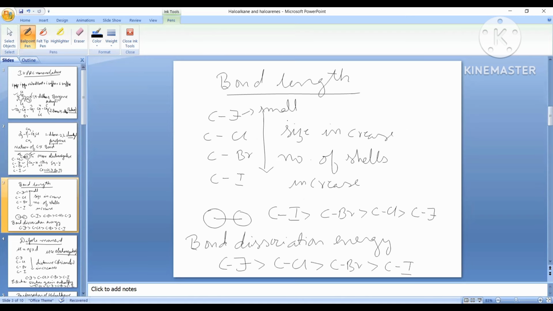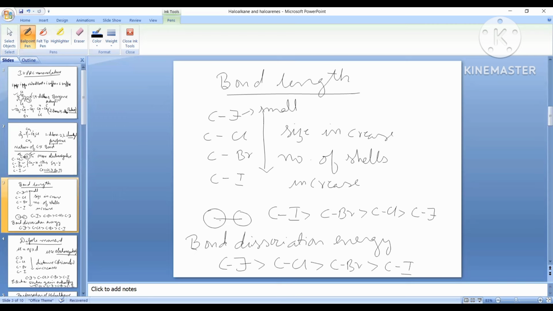Next, let me discuss the order of bond length. We know that fluorine, chlorine, bromine, and iodine, as we move downward, size increases. Fluorine has a smaller size, and iodine is bigger than all of them, because the number of shells increases, so size also increases.